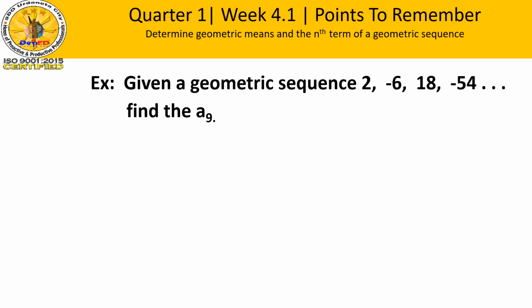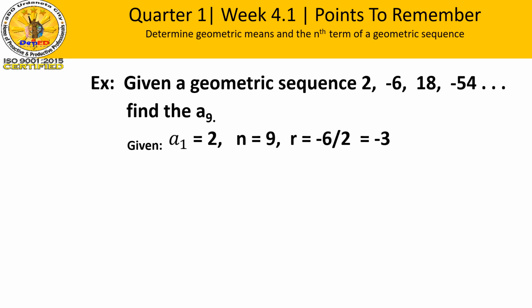Okay, for example, given a geometric sequence 2, negative 6, 18, negative 54, and so on, find the ninth term of the sequence. First, we have the given. The first term is equal to 2.